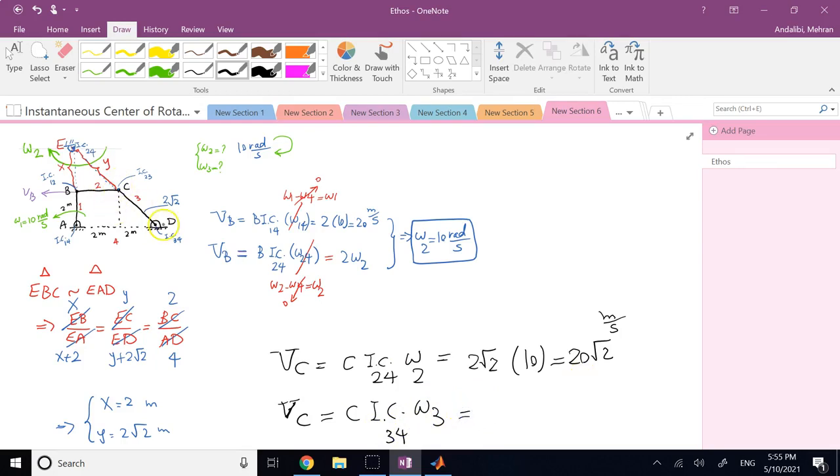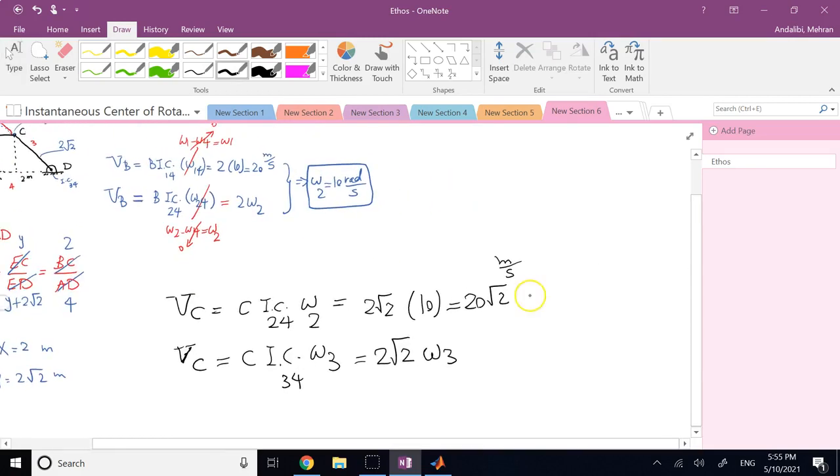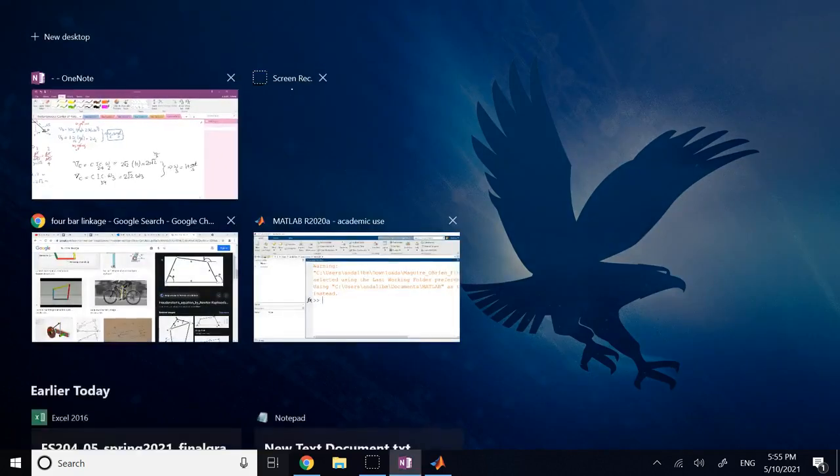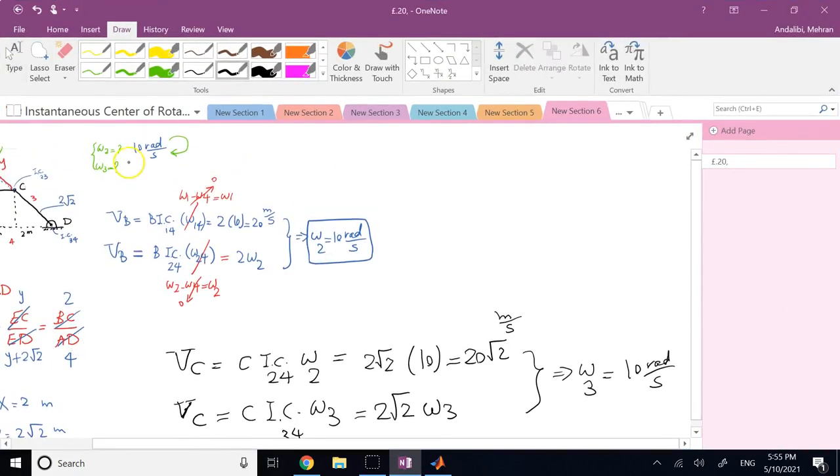Now again, this distance is also 2 square root 2 and times omega 3, correct? And clearly again, from these two, you can see that omega 3 also has to be 10 radians per second. Okay, so the answer to omega 3 is also 10 radians per second.